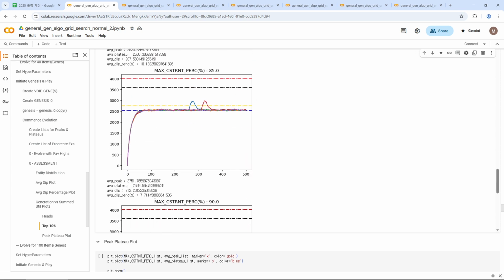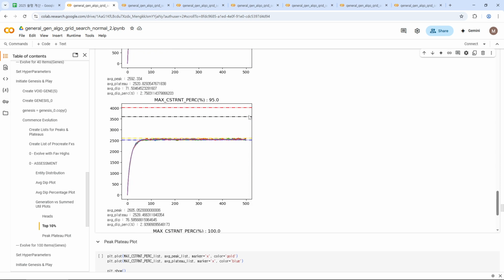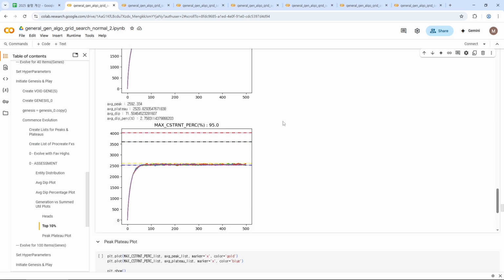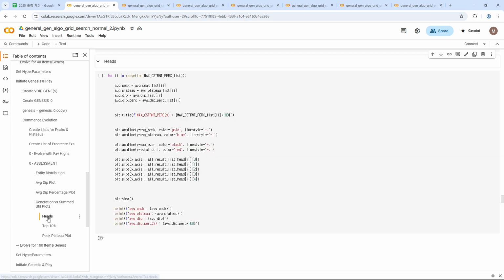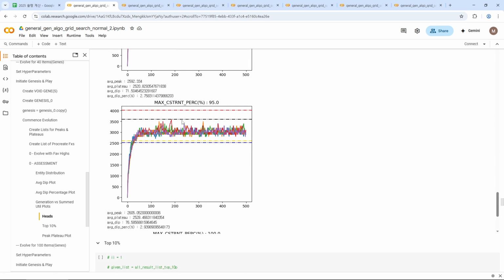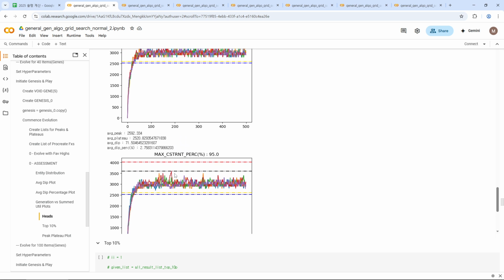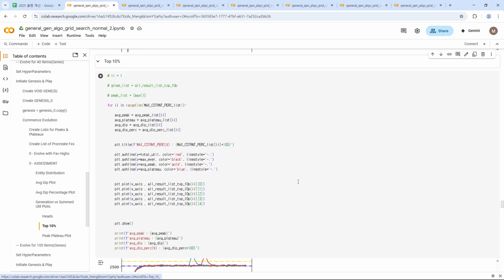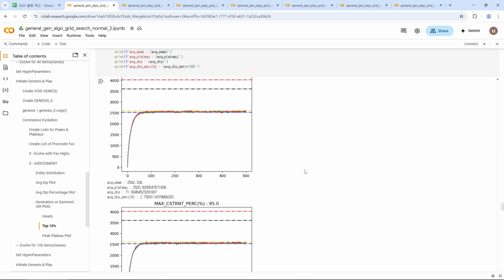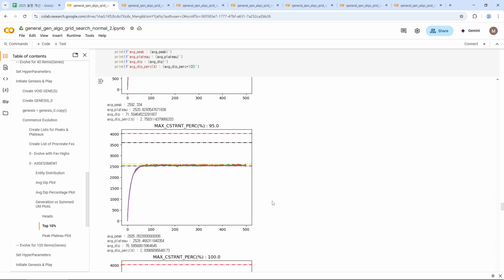85, 90, 95. So wait, when did, yeah, at 95, this is odd. At 95 we hit the maximum ever, but the dip got smaller.